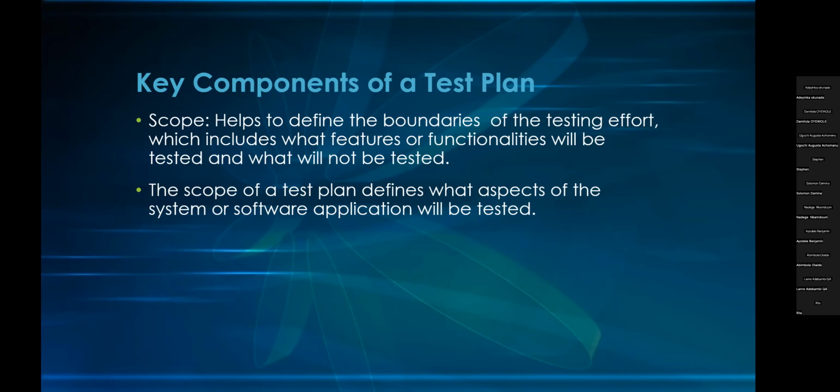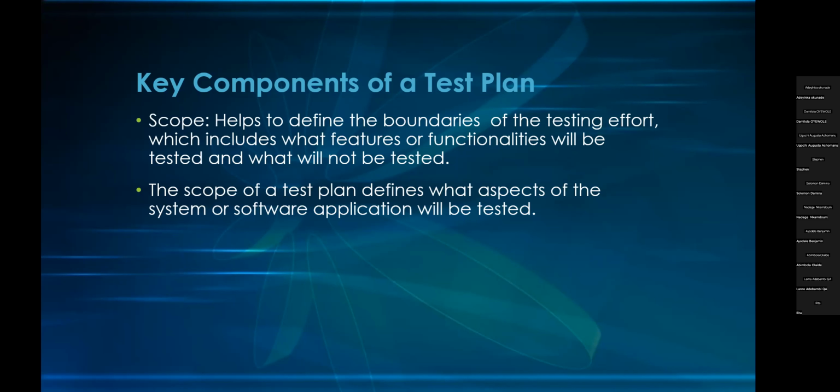Basically, the scope is the key component where you define the boundaries of what you want to test: the modules, the functionalities, what is essential, what needs to be covered, what needs to be tested and what does not need to be tested.